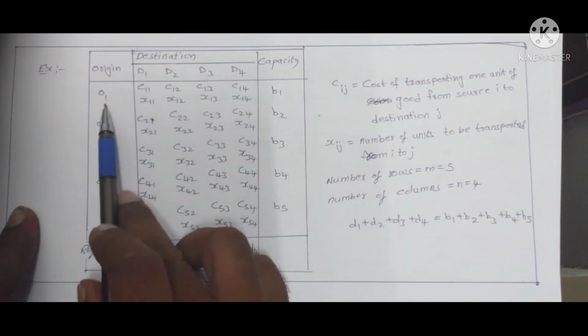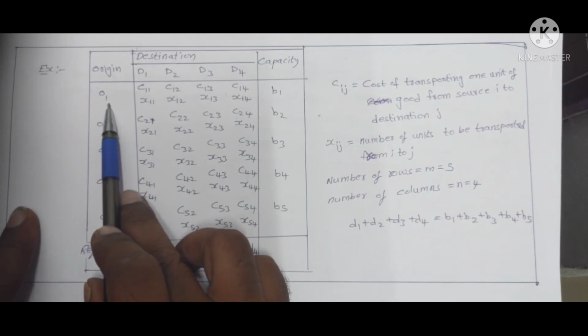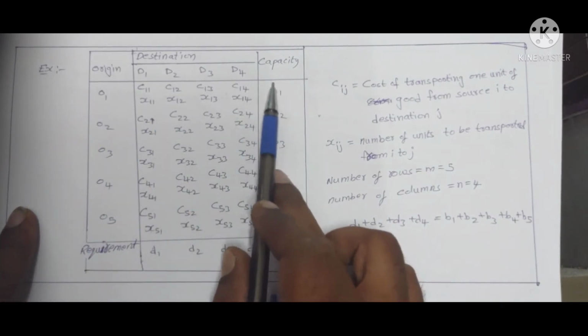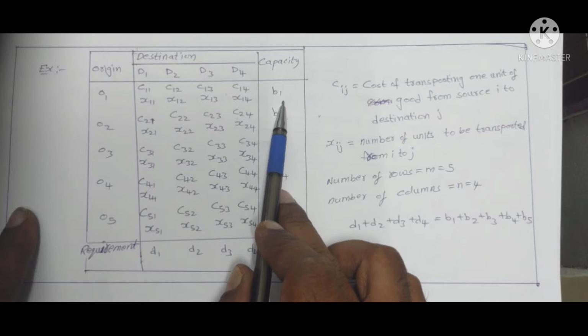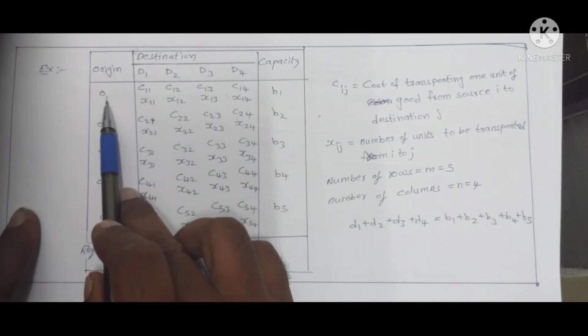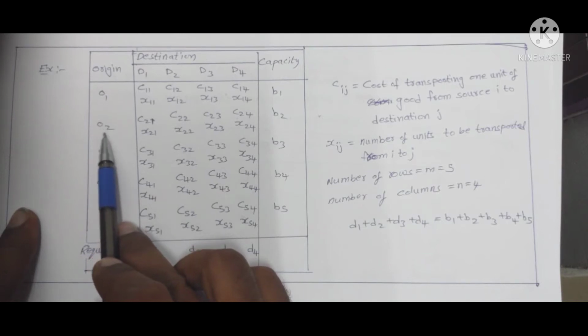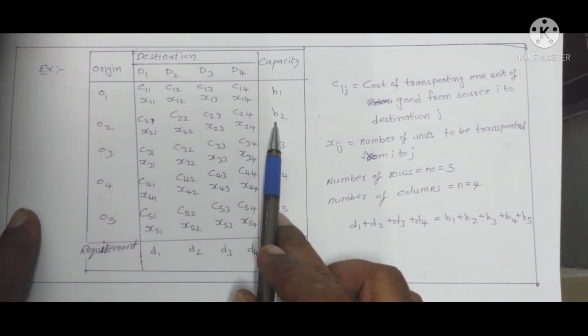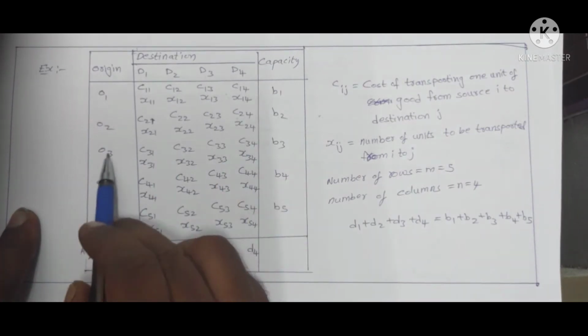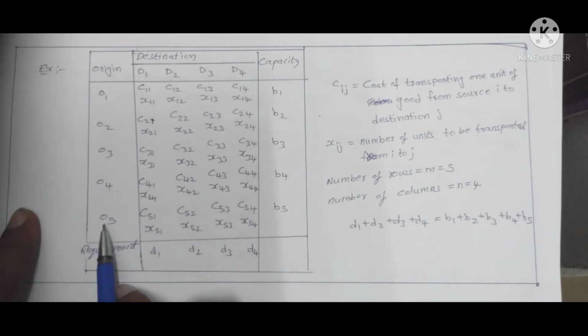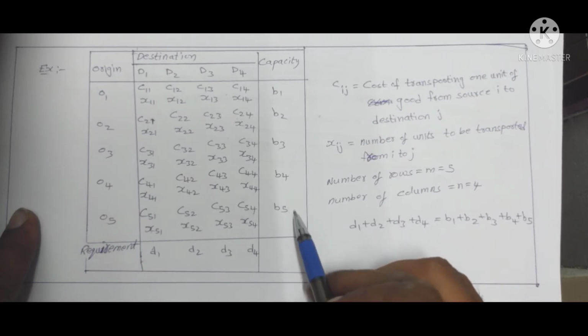The origin O1 can produce b1 number of goods, that is, the maximum products that can be produced by origin O1 is b1. Similarly, origin O2 produces small b2, and origins O3, O4 and O5 can produce a maximum capacity of b3, b4, b5.